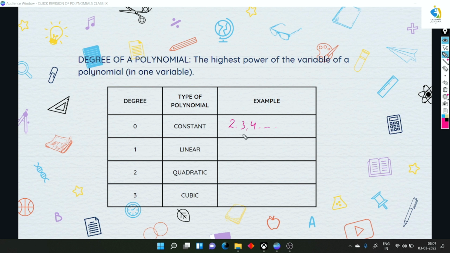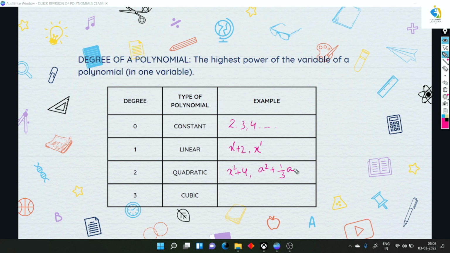Linear polynomial means the highest power will be 1. So x plus 2, or we can say x. There has to be a polynomial of a variable which has degree 1. Quadratic means the highest power must be 2. So x square plus 4, a square plus 1 upon 3a.